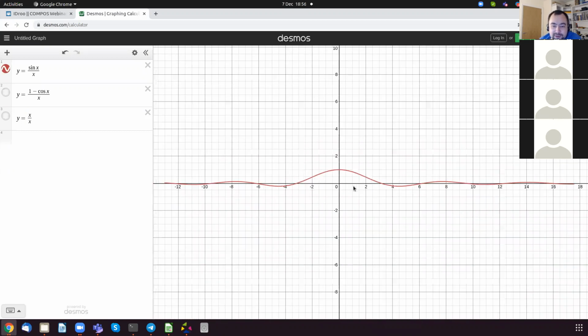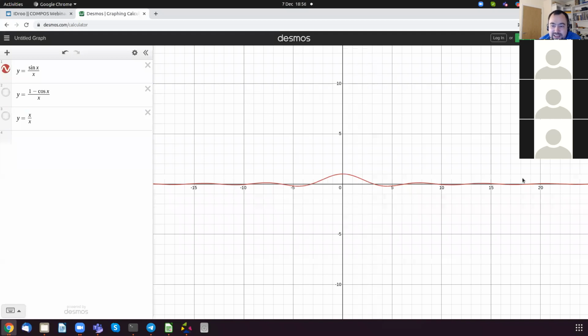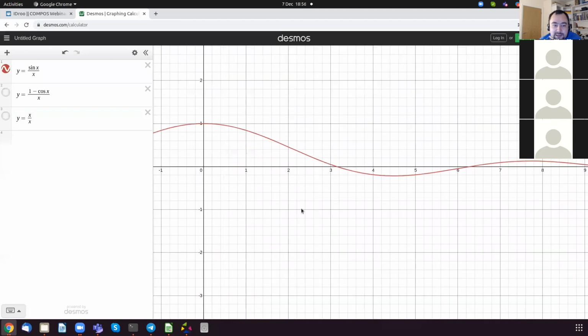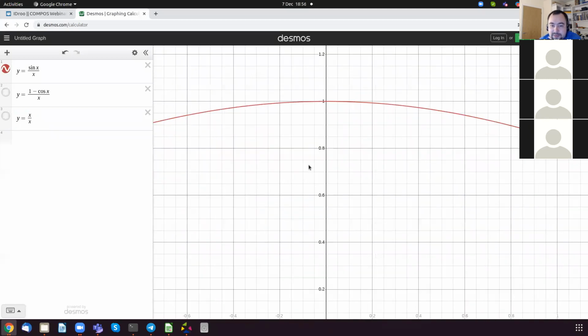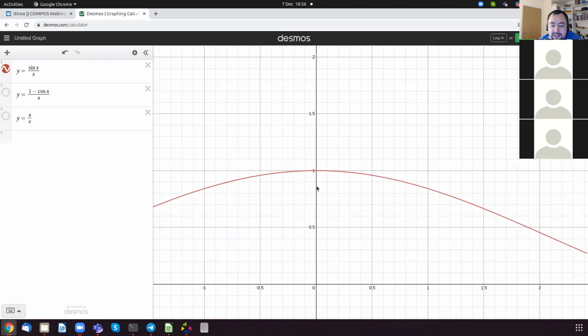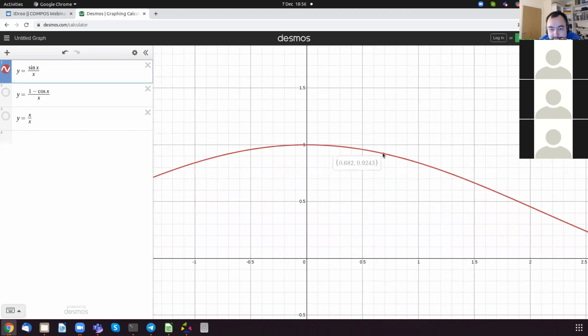This is the graph. So it's a sine graph which decays because it's being divided by x. So the bigger the x, effectively it decays to 0. But we're interested in what happens when x is 0. So let's look at these numbers. As x gets closer and closer to 0, y gets closer and closer to 1. So when x is 0.09, y is 0.9987.